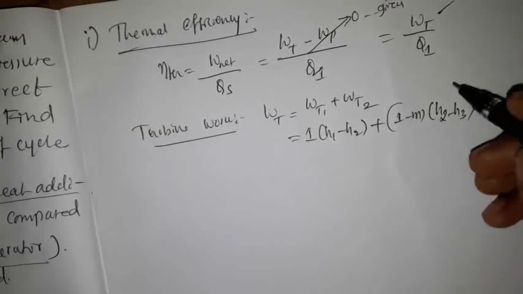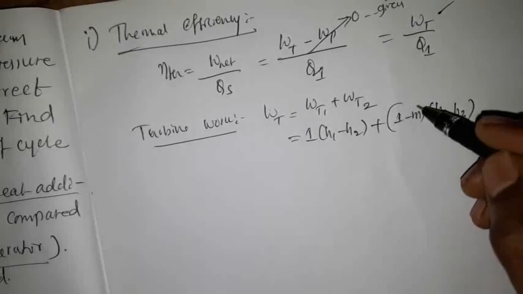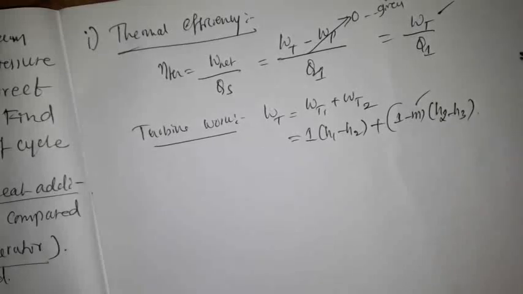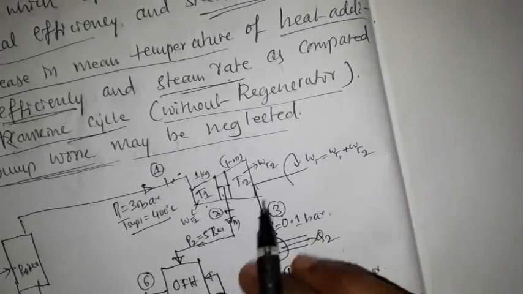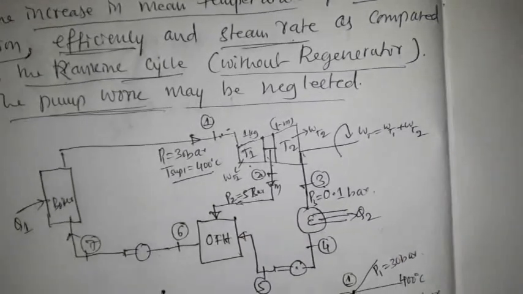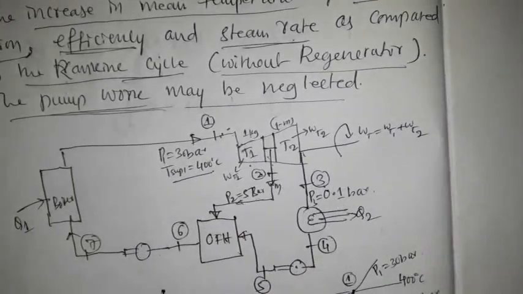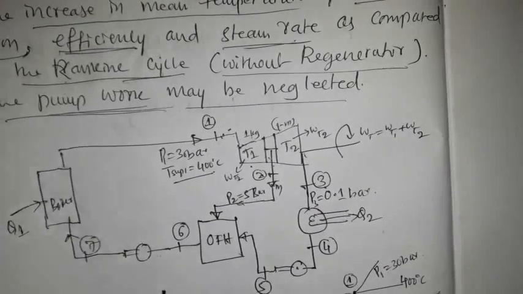Means in the problem statement nowhere has he mentioned m. So m is, we have assumed in the schematic diagram, m is the mass of the steam bled after stage 1.